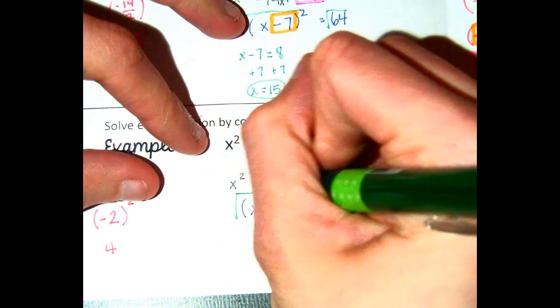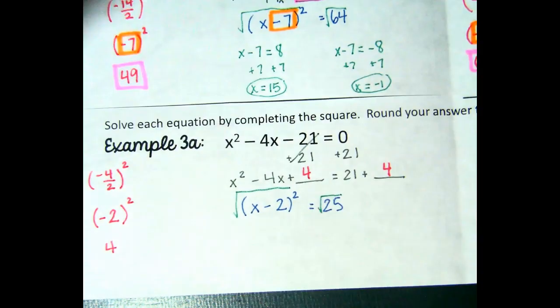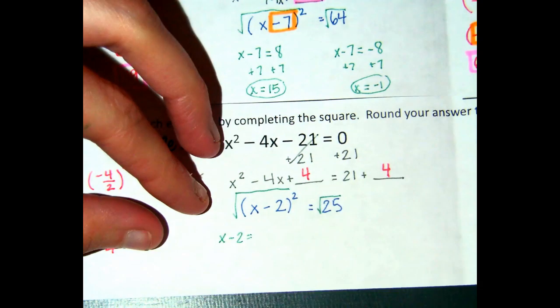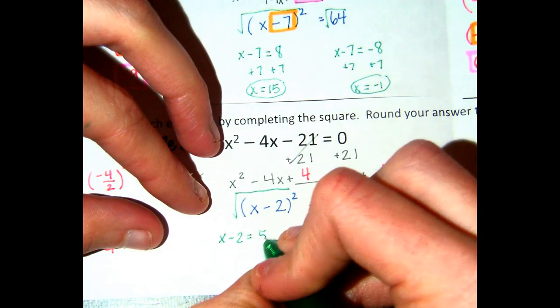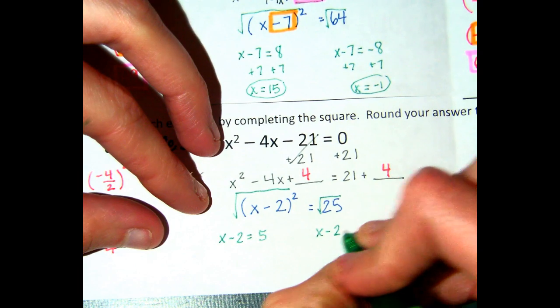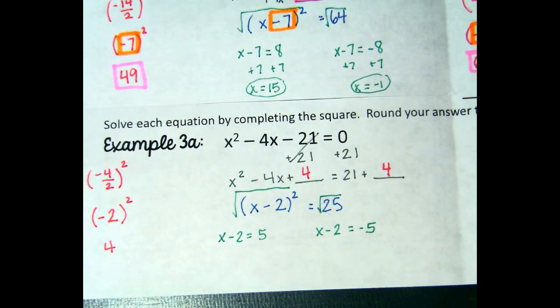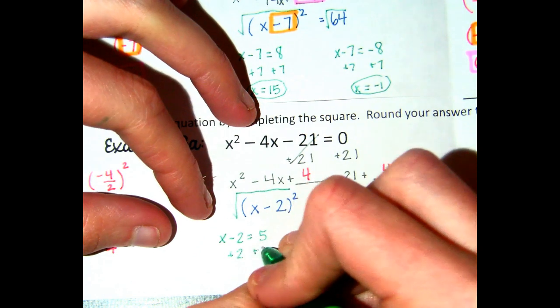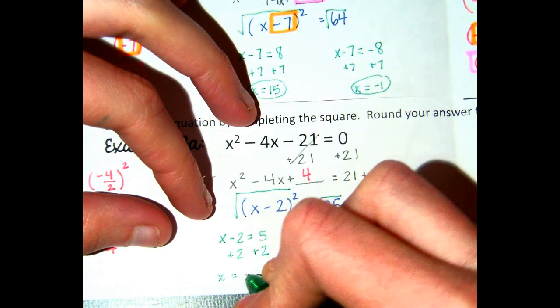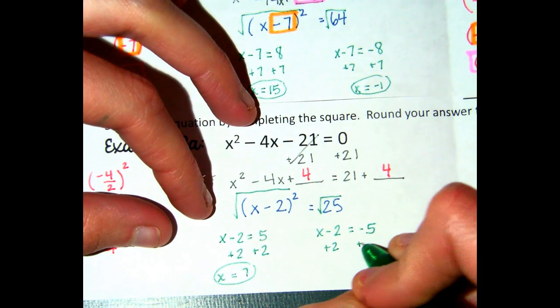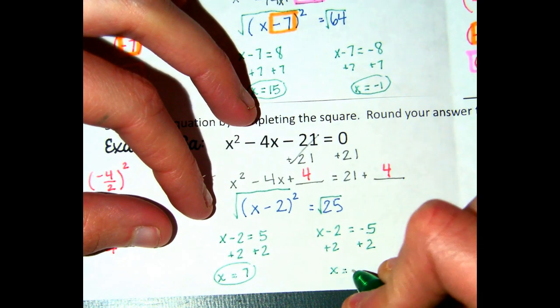Square root it. Take the square root, that's better. Alright, x minus 2 equals 5. X minus 2 equals? Now what? So x equals? Add 2. X equals? Negative 3.